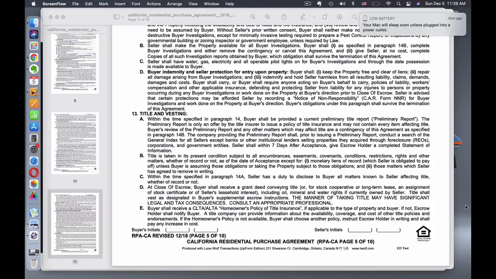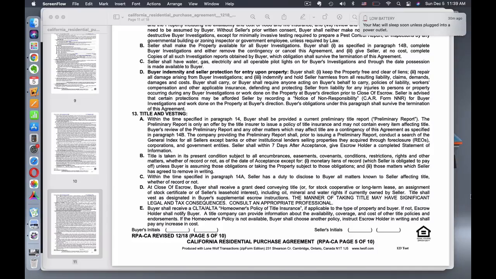Trips, falls, all that stuff. We're indemnifying the seller that if our people have problems, that they've created or they've done themselves, the seller is not going to be obligated to make the insurance claim on their insurance. We're going to have to deal with it.